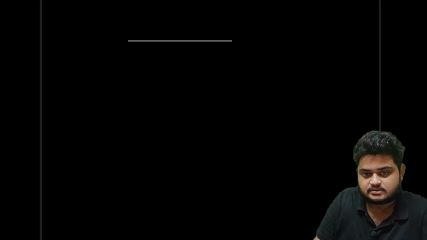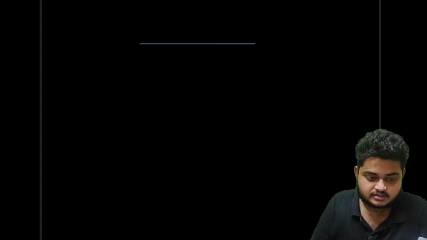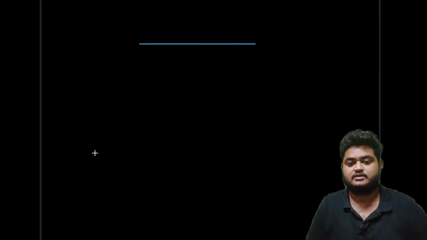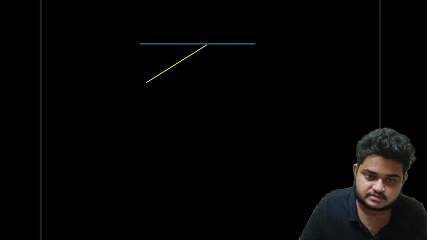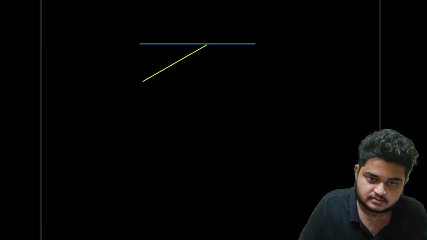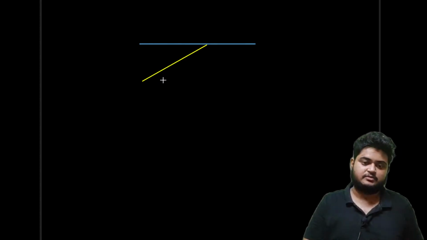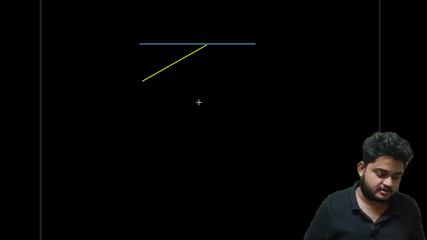So the question is given like this is the water level, and this plate is given like this. That is how the plate is given, right?